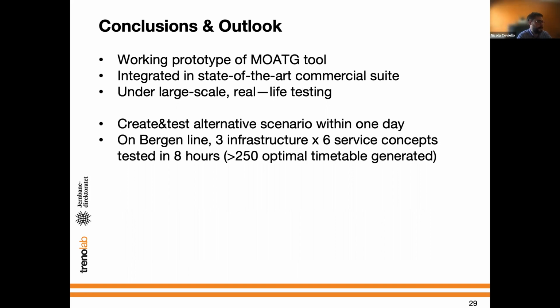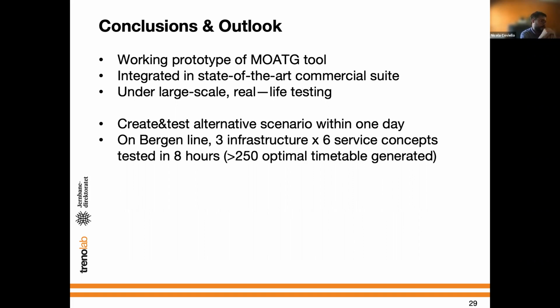So we now have a working prototype of an automatic timetable generating tool, which is very strictly and seamlessly integrated into a commercial suite. This accomplishes the aim which we proposed at the very beginning of the project, which is to create and test a timetable scenario within 1 day.